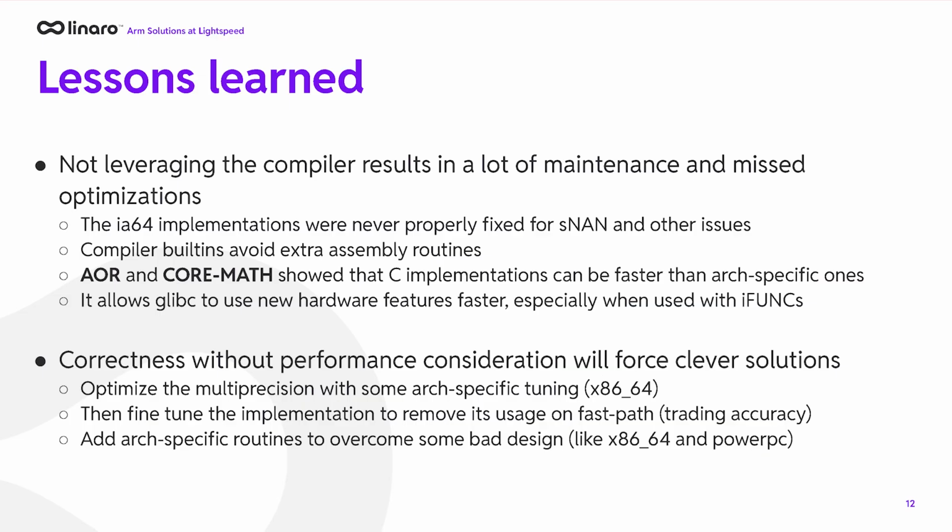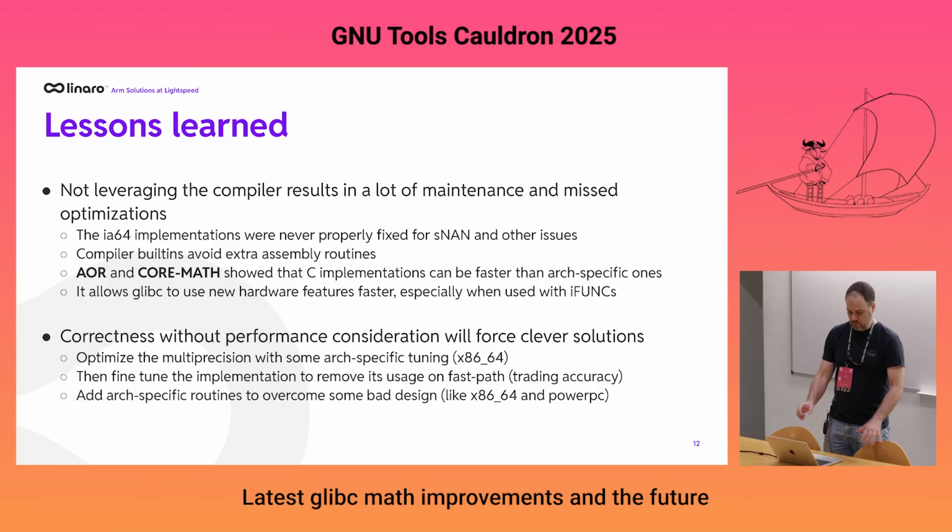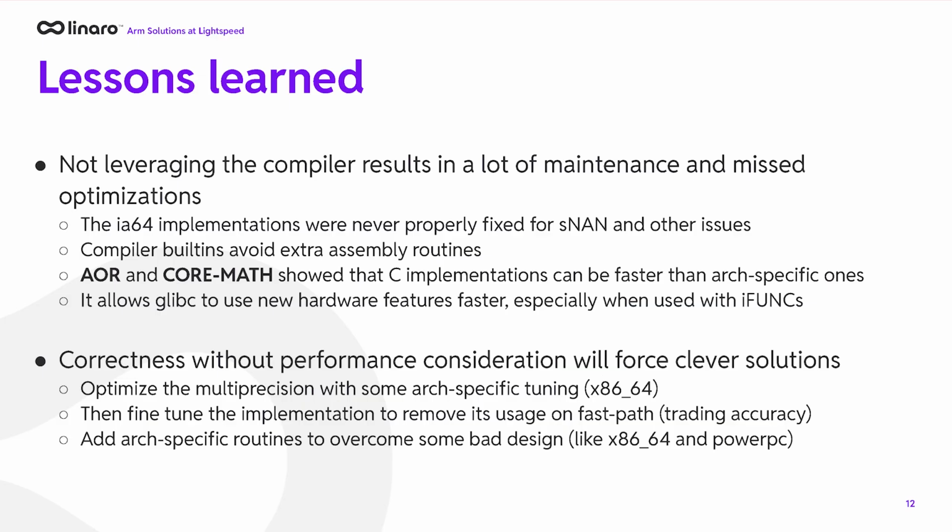For instance, the AArch64 implementation was also a very large assembly library imported from glibc, and it was never properly fixed on a lot of conformance issues. Once we removed the port, the library was gone as well. It means that if you add assembly optimizations, it generates a lot of maintenance, and you won't be able to properly maintain all of them. That's the main problem here.